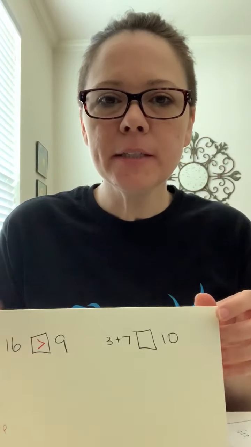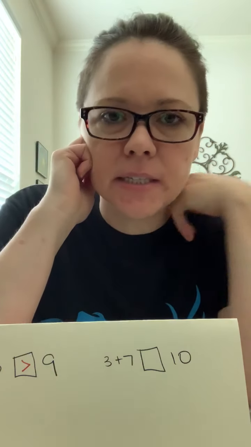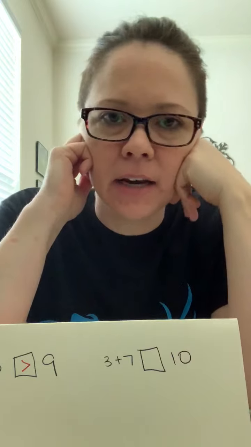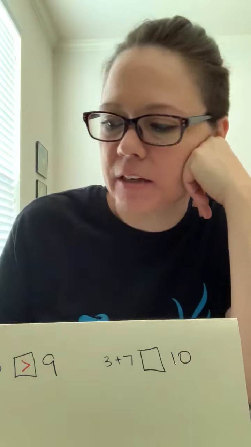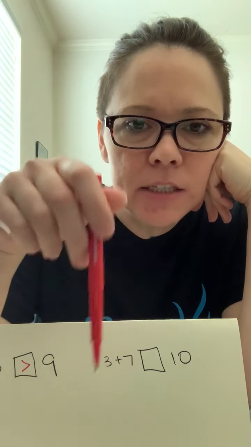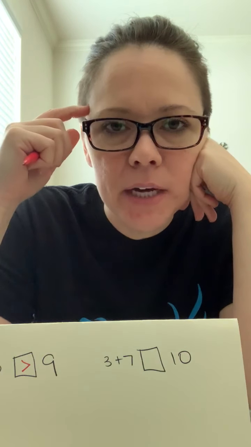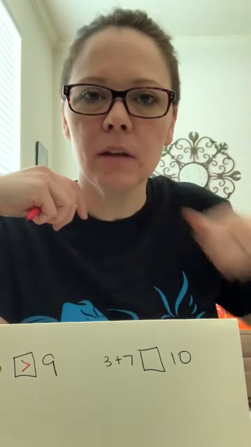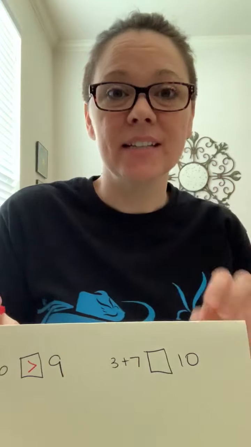Next one is a little bit more difficult. We're going to have to do a little addition. Can you see that? So it is 3 plus 7 on this side and 10 on this side. So what should we do first? First step is going to be to do this addition. We're going to add those numbers together, 3 plus 7. If you remember from our Making 10 game, 3 plus 7 is 10.